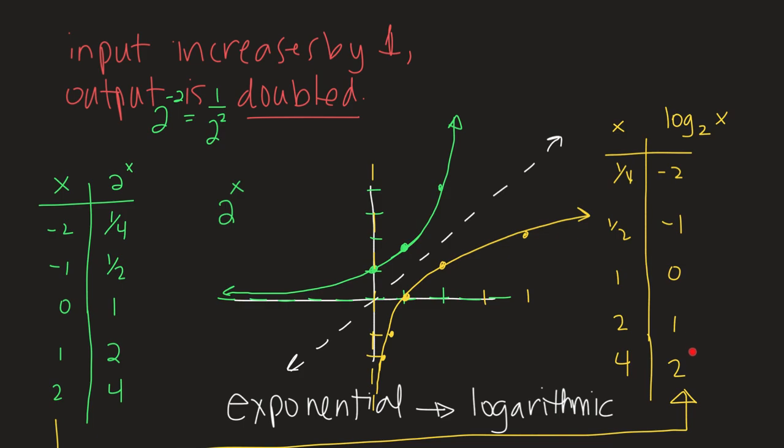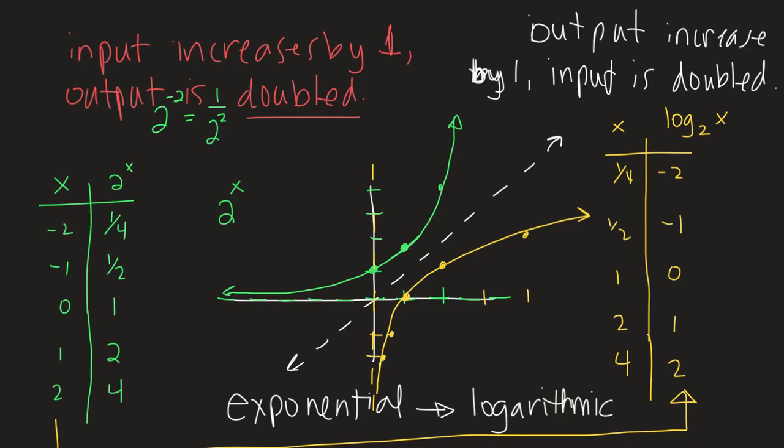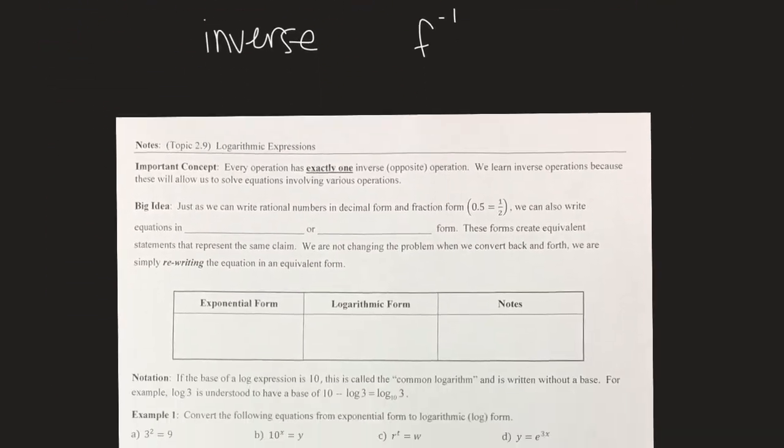So our output is the constant plus 1, plus 1, plus 1, and our input values are being doubled. Okay, so this is always true with an inverse, is that your inputs and your outputs are switched. Okay, so enough background information. Let's jump into doing some of our worksheets here.